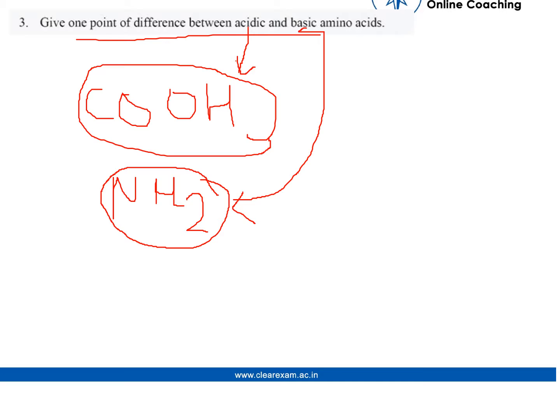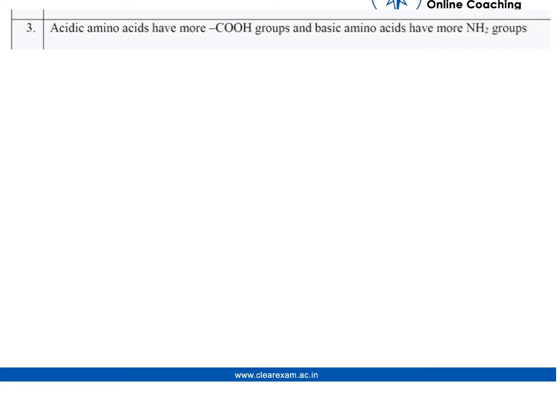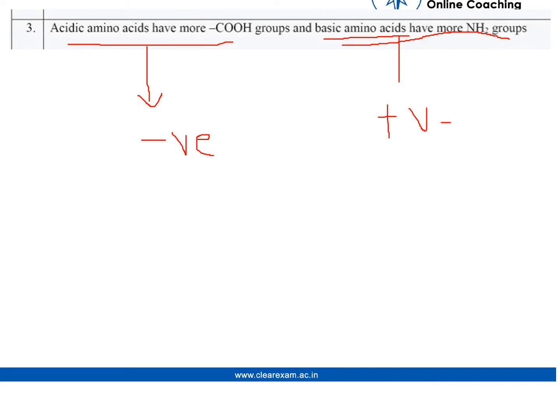Let's see in the next slide what the exact answer is. Acidic amino acids have more carboxyl groups and basic amino acids have more NH2 groups. This is because, as I told in the earlier slide, acidic amino acids have a negative charge and basic amino acids have a positive charge, and you can see this in this slide also.